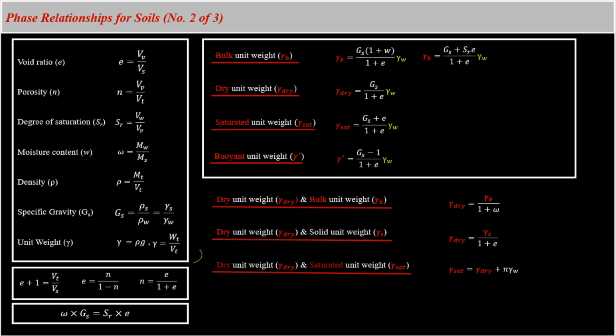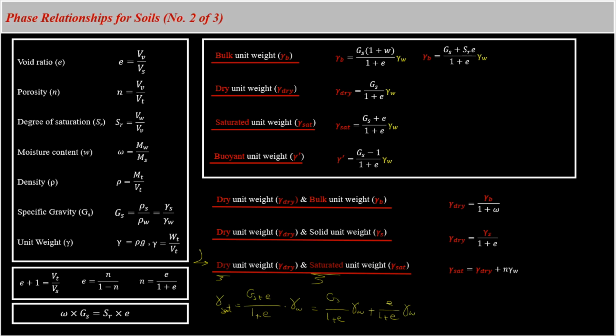And the last equation is the equation between the dry unit weight and the saturated unit weight. From the equation of the saturated unit weight, we know that it is equal to specific gravity plus the void ratio divided by 1 plus void ratio times the unit weight of water. So if we divide the numerator of this equation, we will be left with this term plus this term.